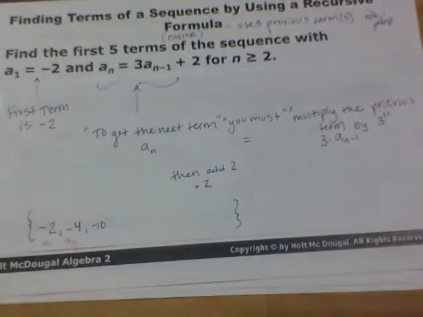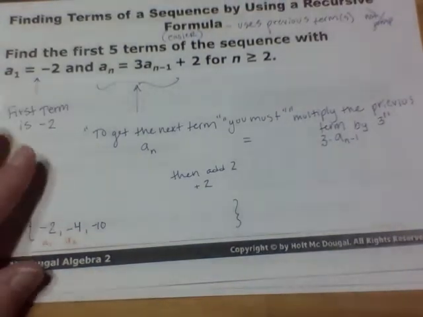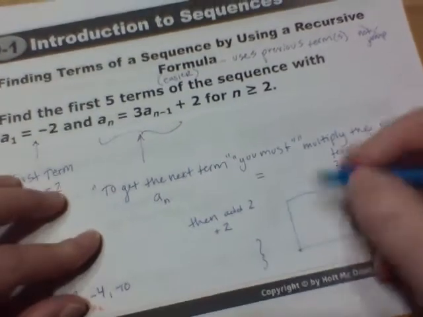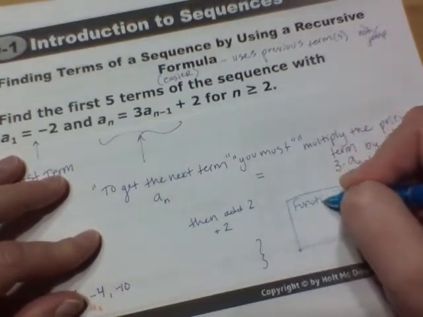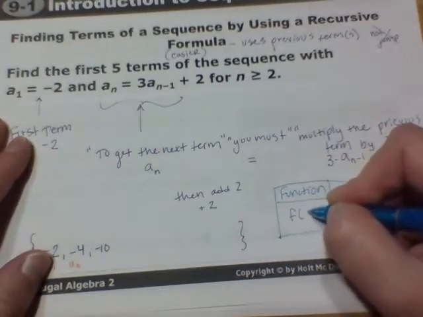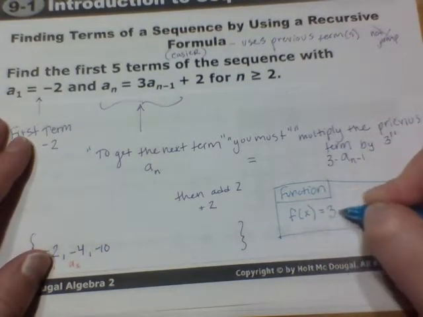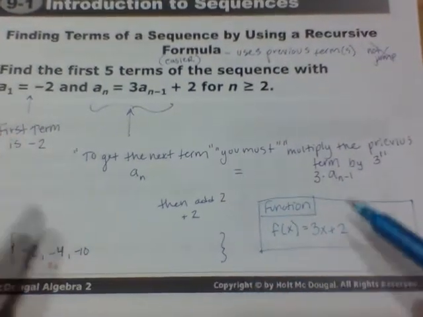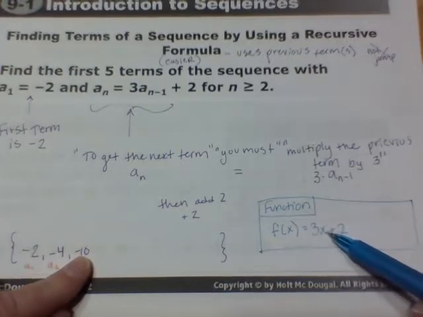Okay, so if you think of it as kind of a function idea, to find the term, you're going to plug in 3x plus 2. But you have to do it to the previous number. So negative 10, for instance, would go in here.